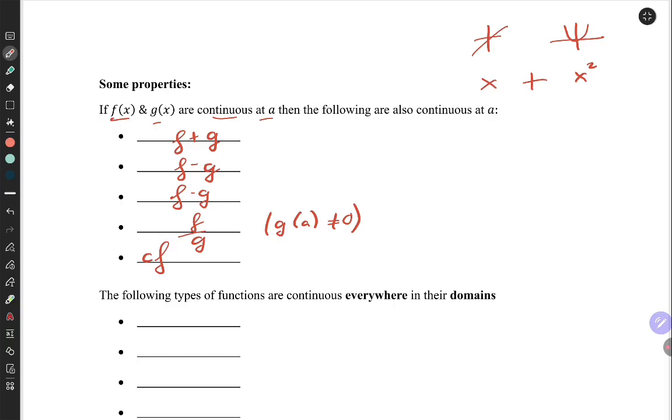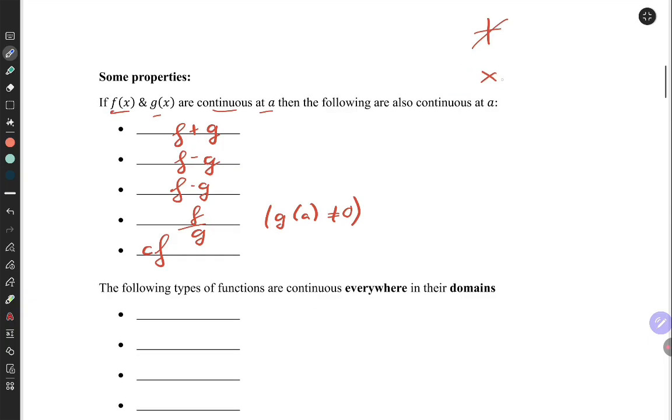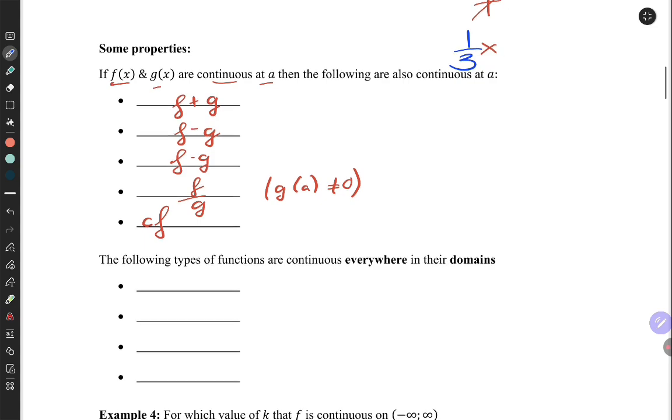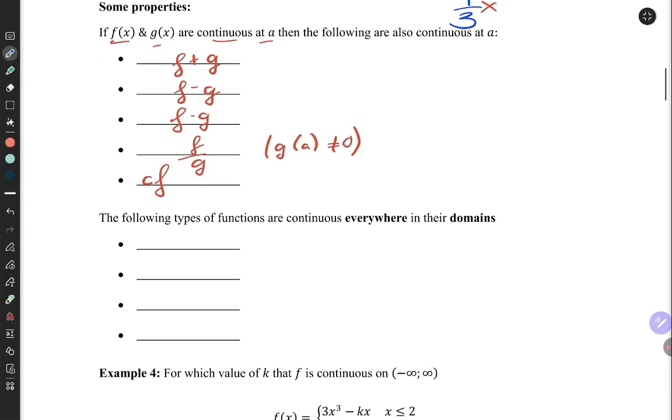If I know x is continuous, then 3x is also continuous, since you multiply by a number. Dividing by a number is the same, written as multiplying by 1 over 3. So x divided by 3 is also continuous.